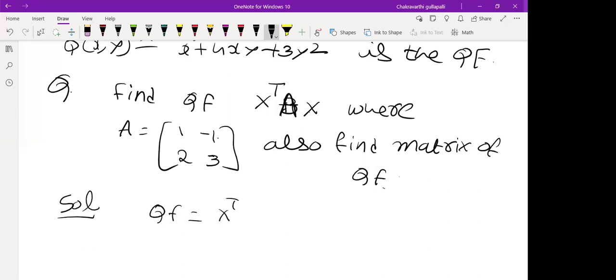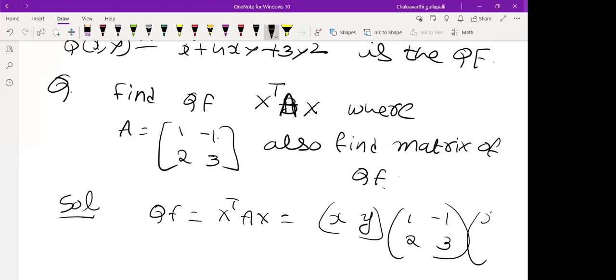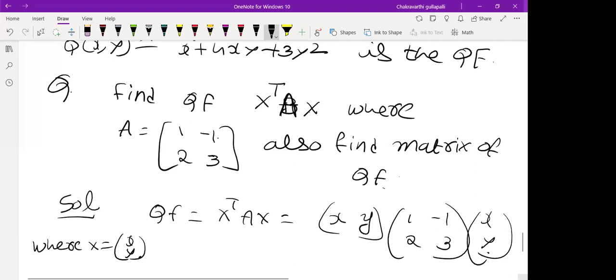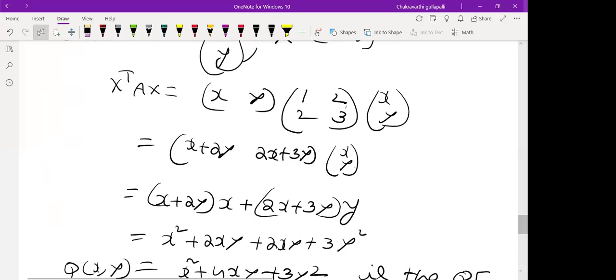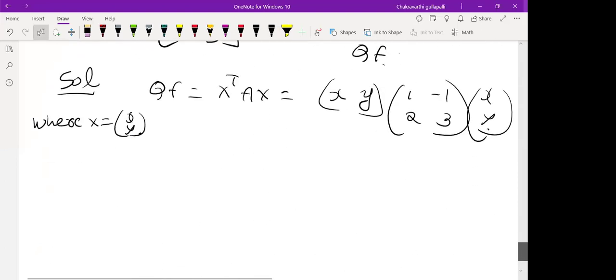X transpose AX. X transpose means this is [x y]. A means [[1, -1], [2, 3]], and again [x y] as a column, where X is (x, y). Now this we have to simplify. As before, multiply them. So this implies Q(x, y), the quadratic form is denoted by Q(x, y).